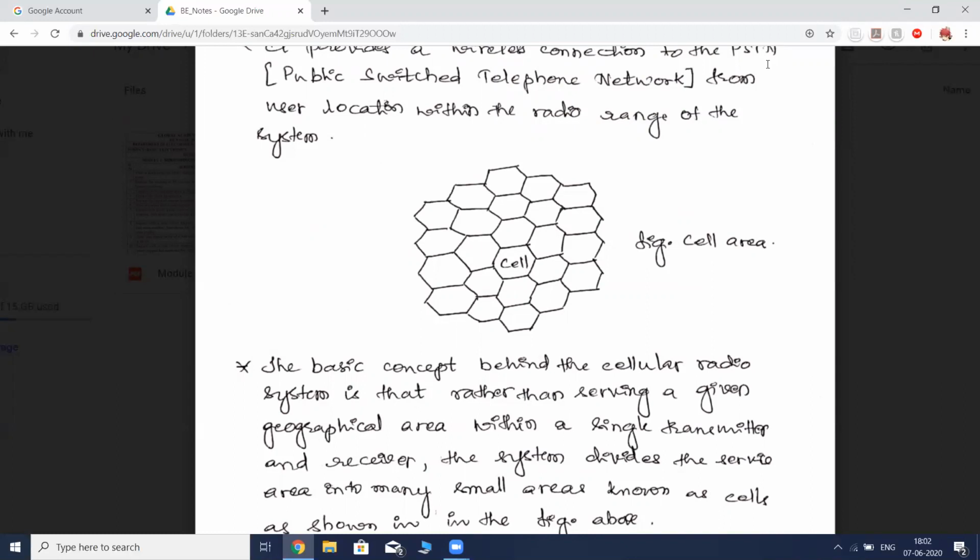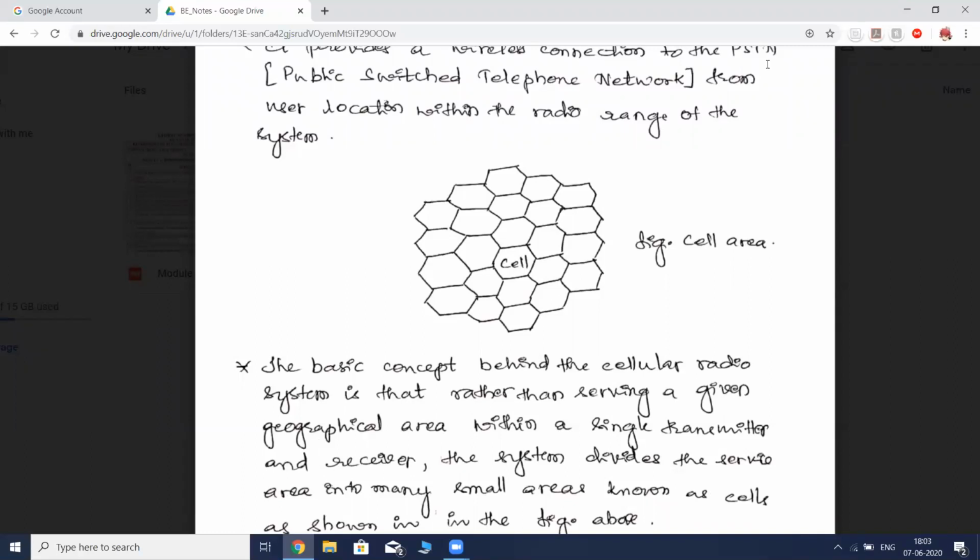The ideal shape of this area is a hexagon. We may also have circular or other geometric shapes, but they are not suitable. The most suitable ones are hexagons.